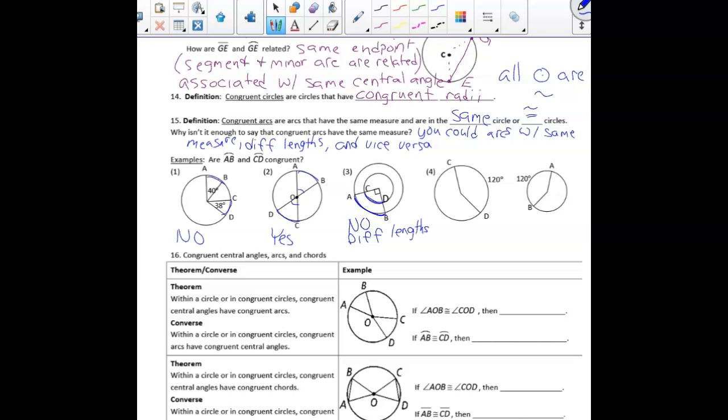And we'll talk about finding the lengths of arcs later on. Number 4. Well, CD, again, is this arc here, and AB is a smaller circle. So we don't know exactly what the relationship of the radii are, but this is no because it could be different lengths.